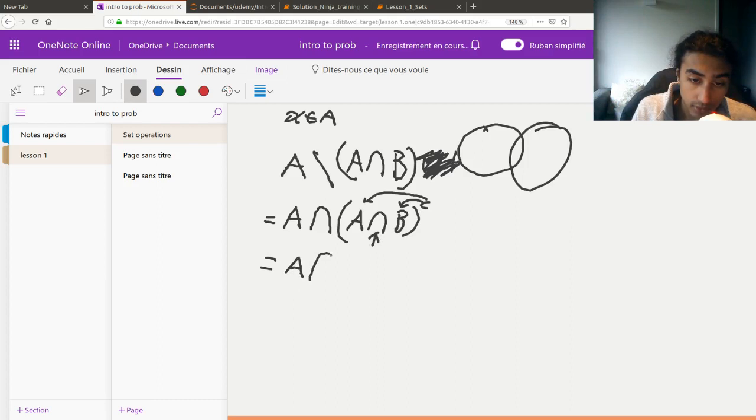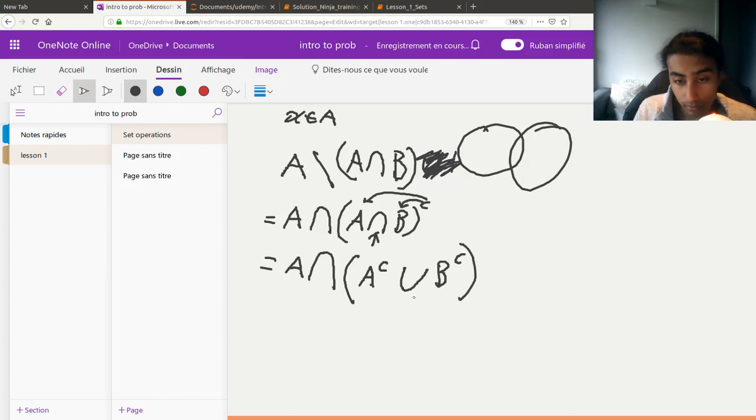So we have this thing here, that's just copy and paste. And then we have to do this. So it's going to be A complement union with B complement, right? So that's how you distribute a complement.